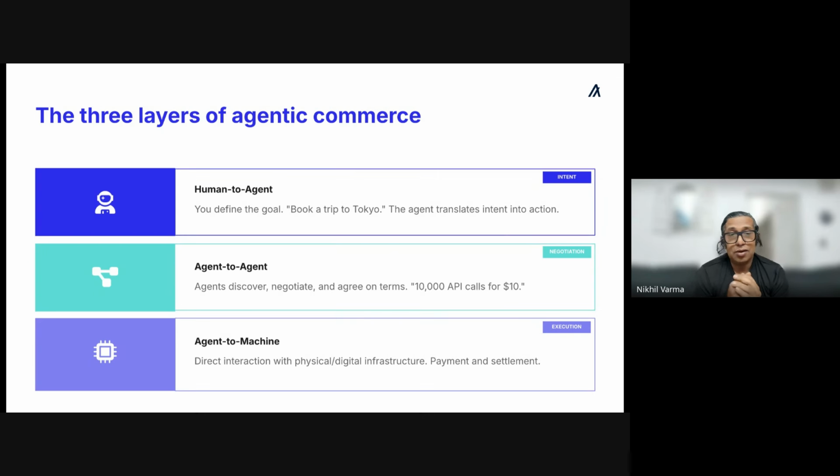Underneath that, the next layer in agentic commerce, is what Marco was talking about, the different TLAs that we're hearing of, the agent to agent layer. This is where autonomous entities negotiate things. So essentially, if I have an electric car, a smart car, it would be able to negotiate access to a certain part of the road.